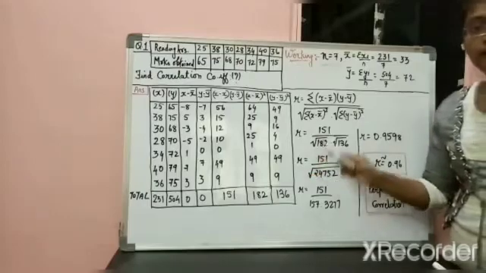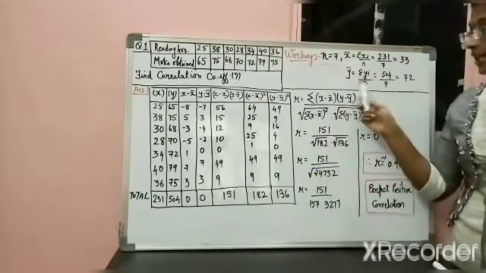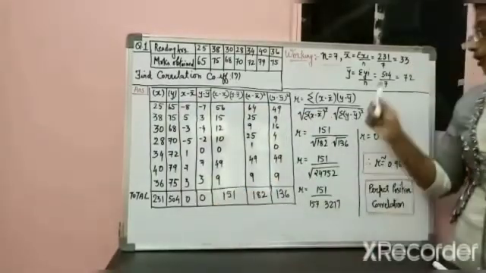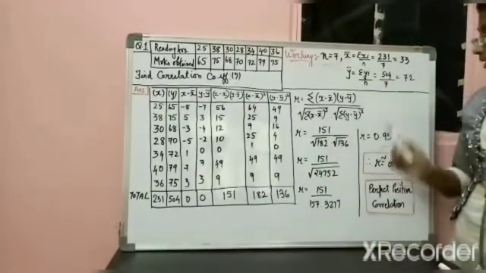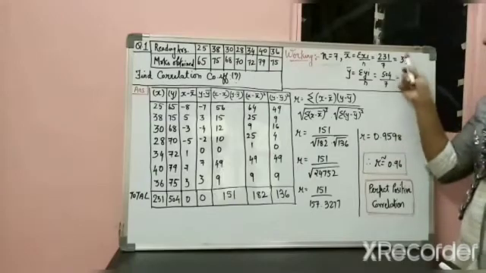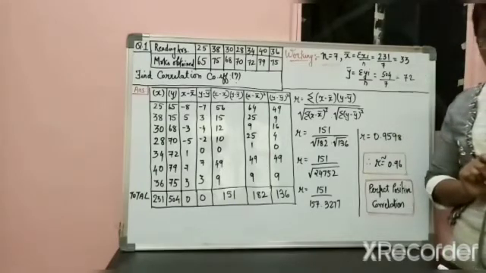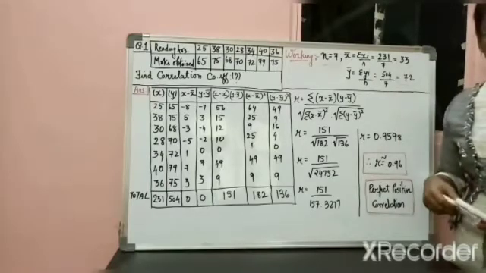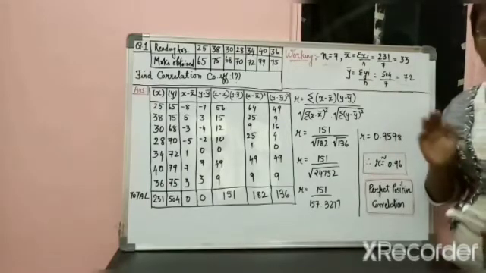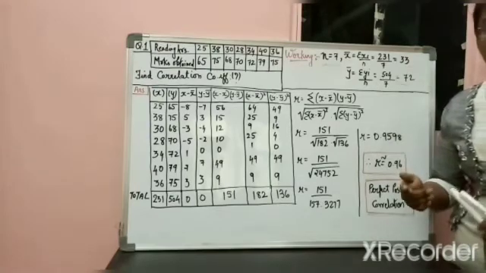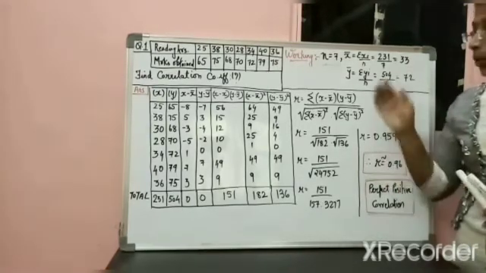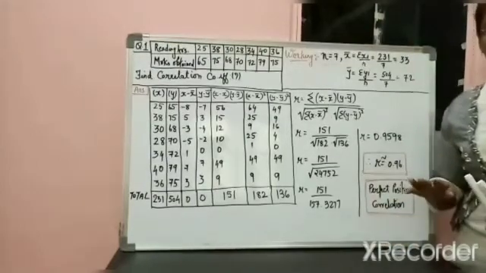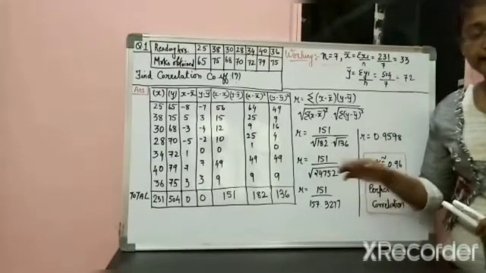Similarly, you have to do with y bar. So what is sigma yi? Total up the y column, you would get 504. Then divided by 7, you would get 72, and 33 for x bar. So now what do you understand by this? See, your means, that is x bar and y bar, are both integers. So if you remember the previous video, I said that whenever the mean is a whole number, you have to move on with the first formula that I have said earlier.